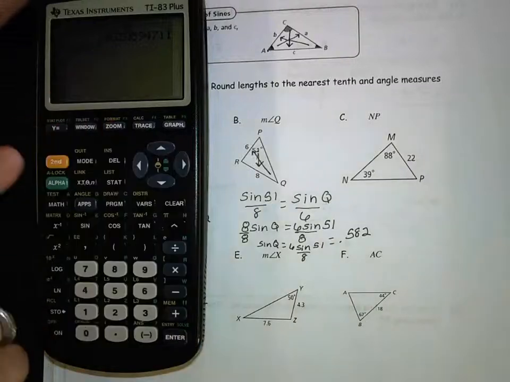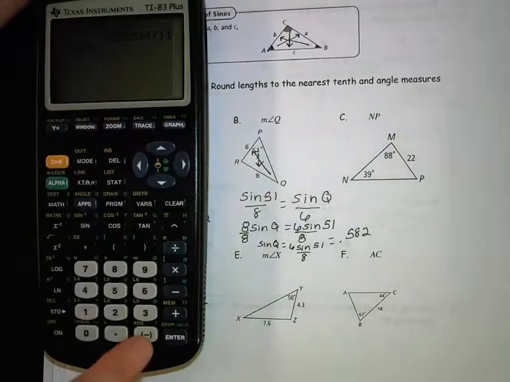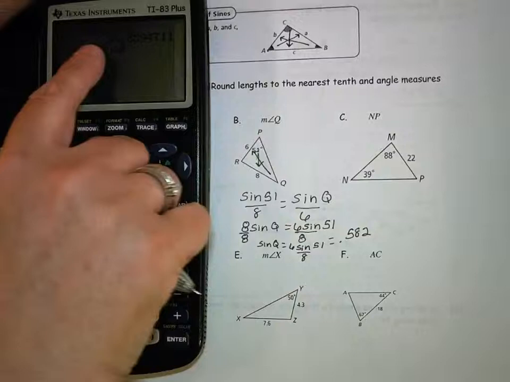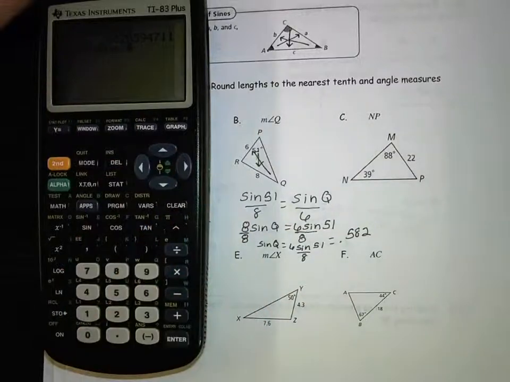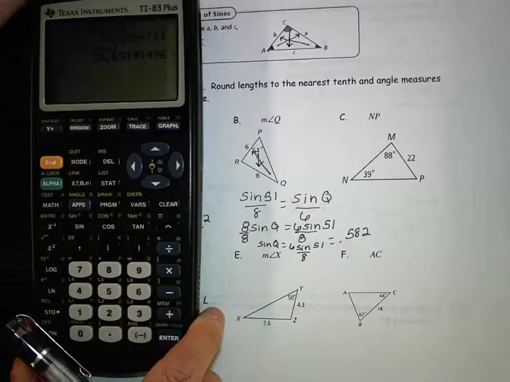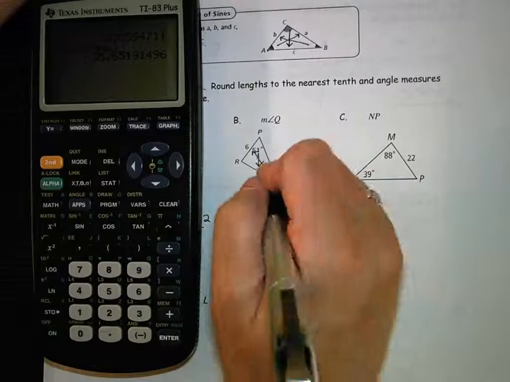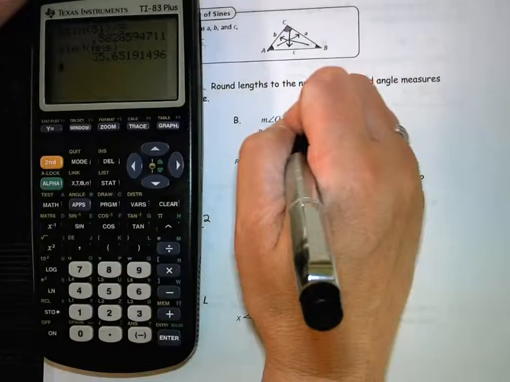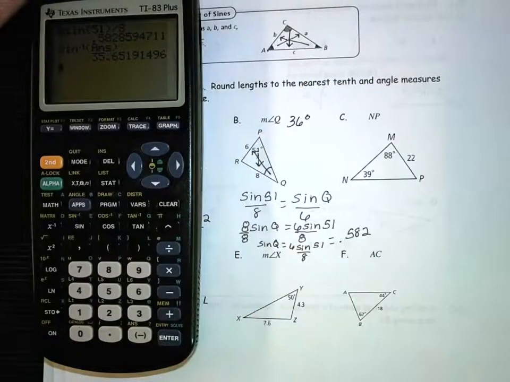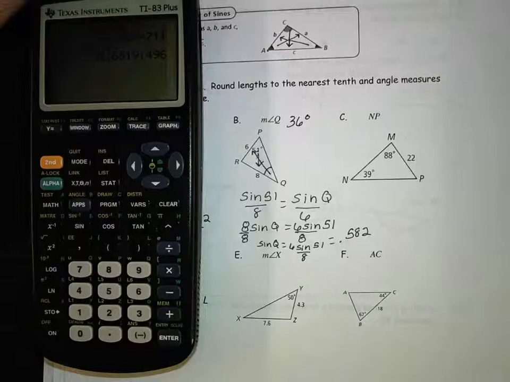And then to pick that answer up, you do second and then answer, and the calculator just entered 0.582859471 in there for me. And that tells me that my angle right here is 35.6, and I'm going to round that to 36 degrees.